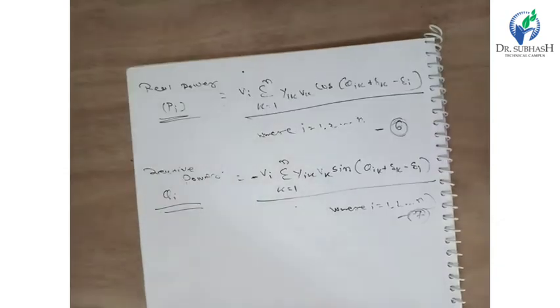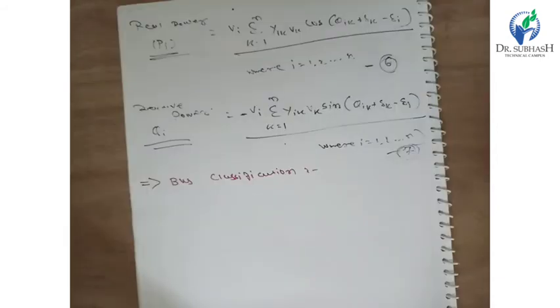Now we discuss the next point of load flow studies. The next point is bus classification. As we know, the bus classification in the power system is generally based on three parts. The first part of bus classification is load buses.